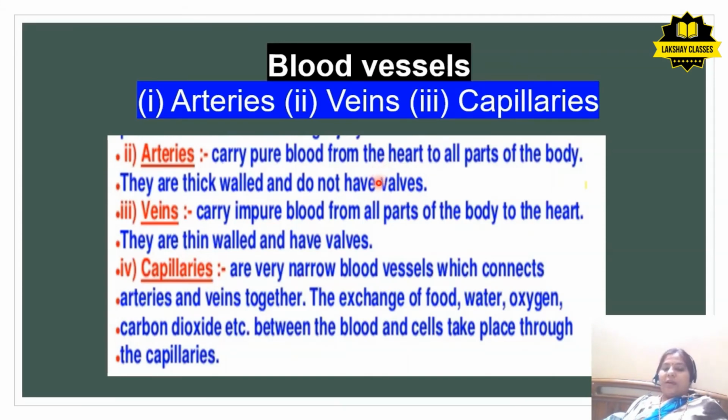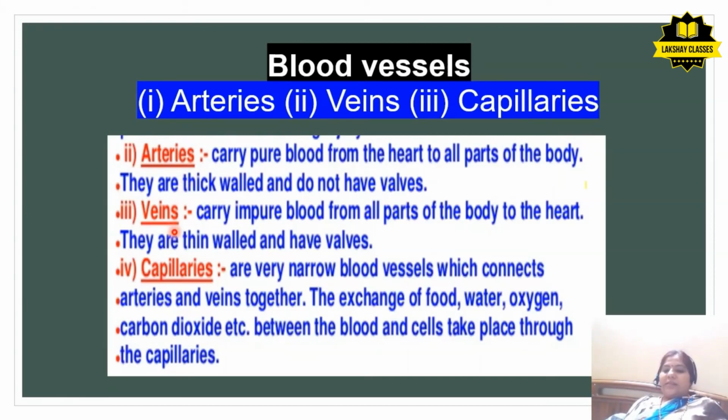So you can say inside arteries there is no door, no valves. Why is it so? Because in arteries the oxygenated blood is flowing with great pressure and therefore valves are absent in the arteries. Arteries are generally deep-seated. They are not superficial.